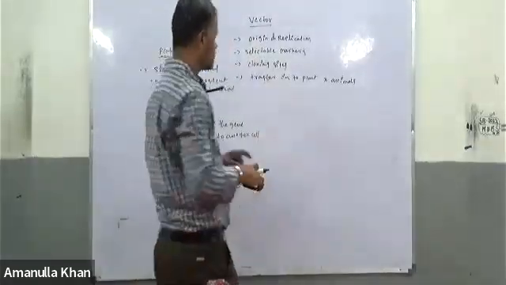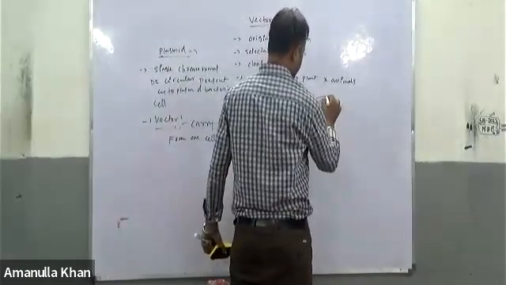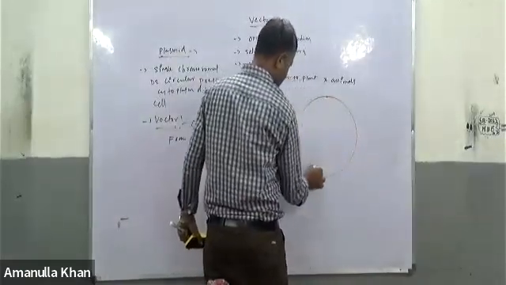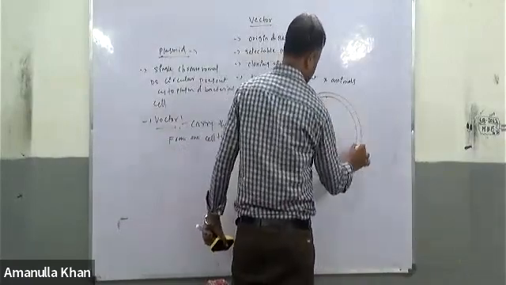Now, features of plasmid. These are circular. This is one strand, and this is the next strand, so it is double stranded.